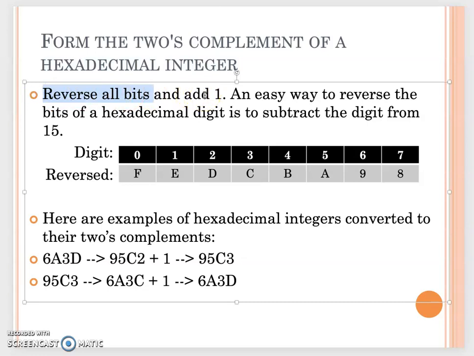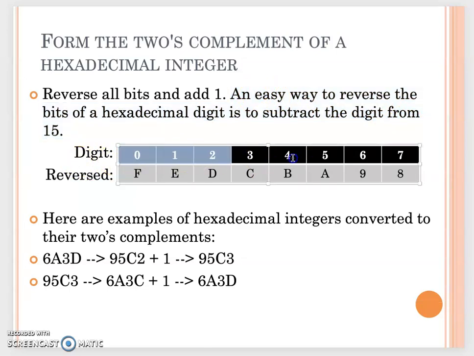But earlier when we have binary system, because we only have 1 and 0, you can reverse between each other. But in the hexadecimal, since we have 16 different values, the reverse bit actually looks like this. You have number from 0, 1, 2, 7, but the reverse bit actually like this.